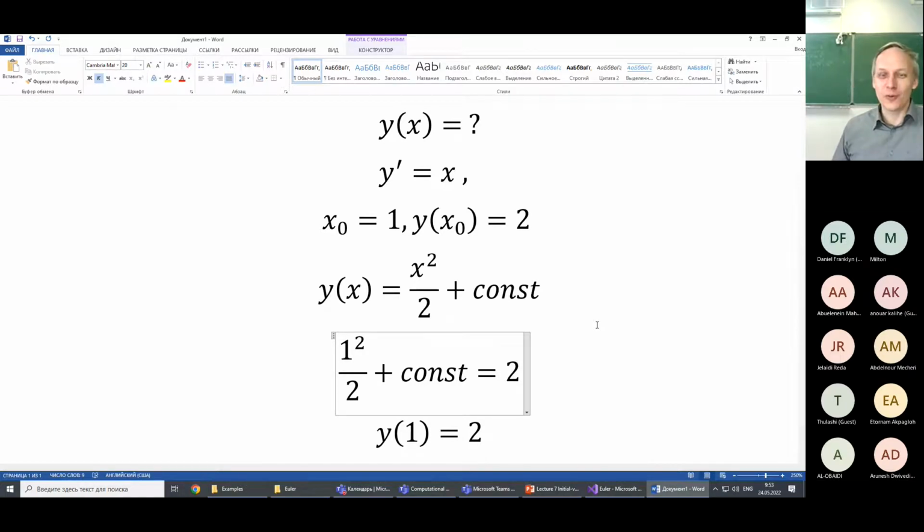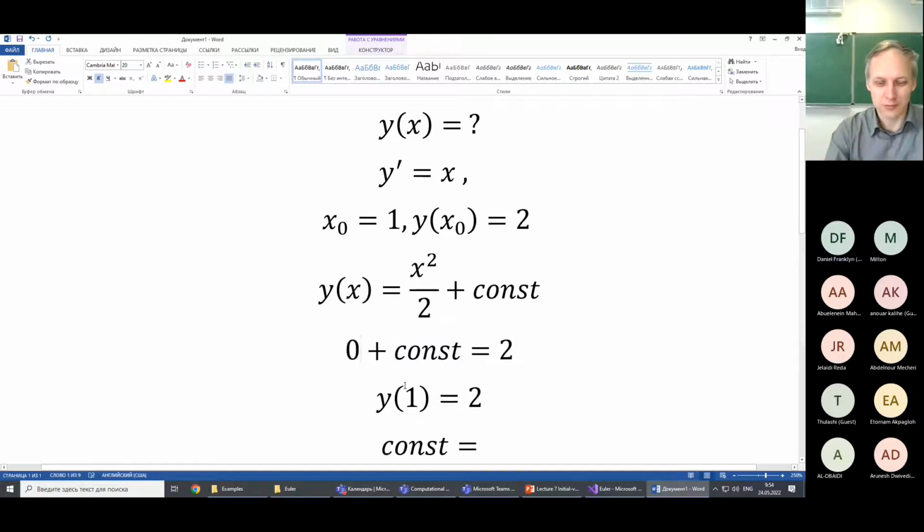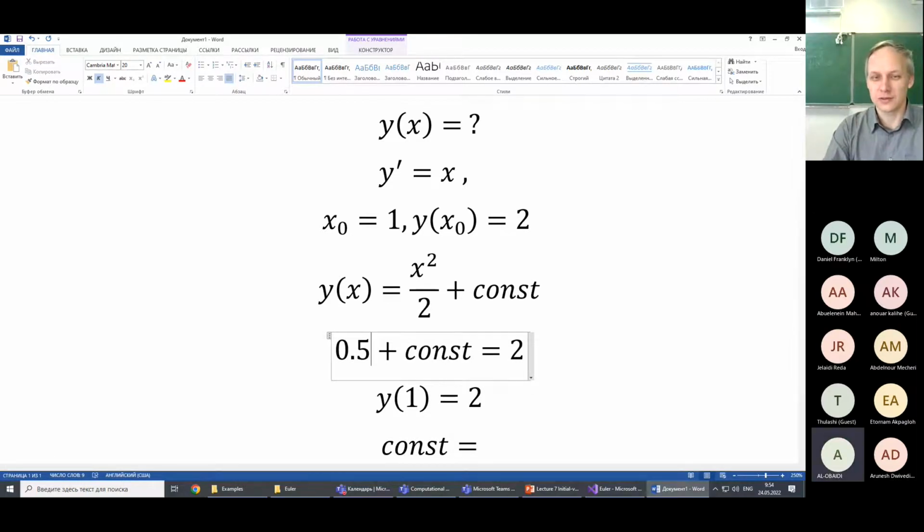1 squared over 2 plus constant equals 2. What is the value of the constant? What is 1 squared over 2? What is the value of 1 squared over 2? 0.5. Plus 1.5.